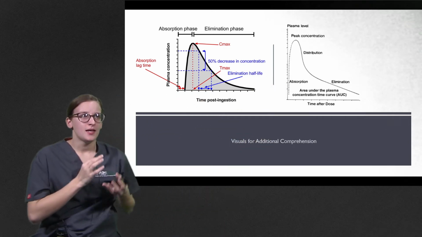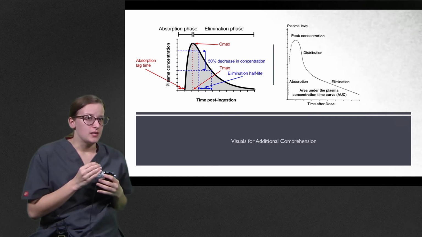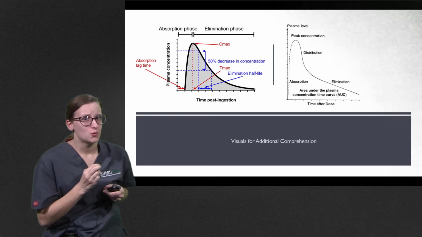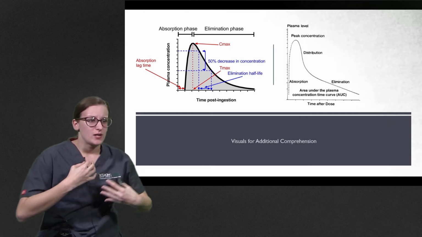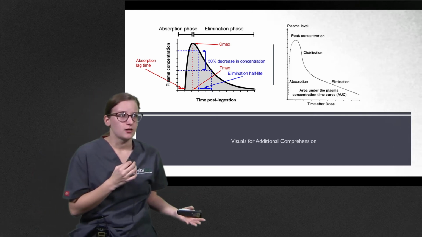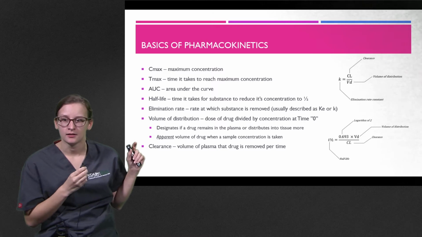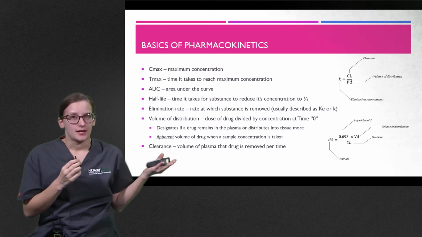The number isn't absolute, meaning that if it is a volume of distribution of 20 liters, that doesn't mean you have 20 liters of it in your body. It's just a way to show whether the drug is staying in your blood more, or distributing to fat more. It's an apparent volume, not an actual volume.